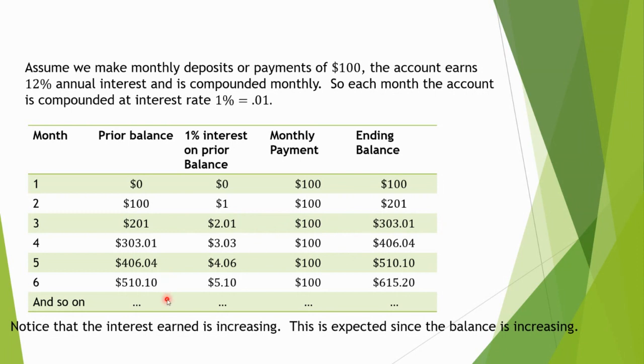Now, notice a few things. For one, since the balance is increasing, the amount of interest we earn is actually increasing as well. Like in the previous chapter, where we put some money in the account at the beginning and then let the account compound on its own, doing its own work. Now we're basically making deposits.